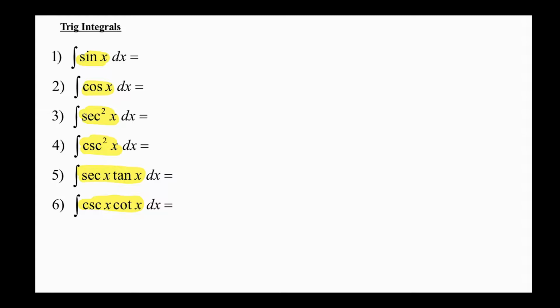Why did I put secant and tangent together here? Why did I put cosecant and cotangent together here? They're the derivatives, right? Those are on our sheets. So now what we got to do is go the other way. So what's the antiderivative of sine?